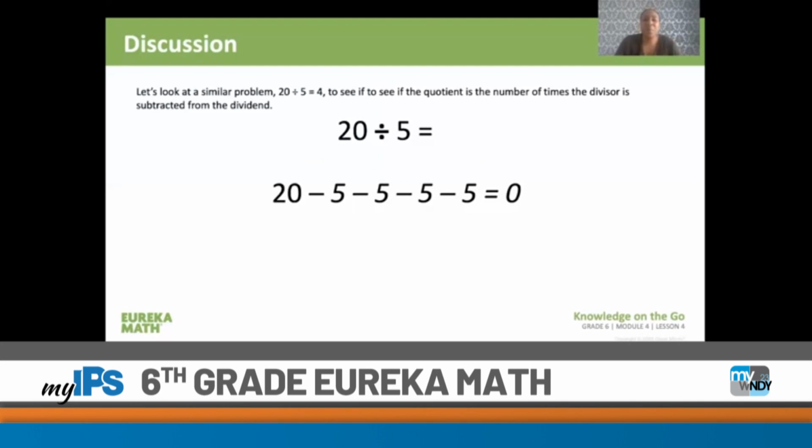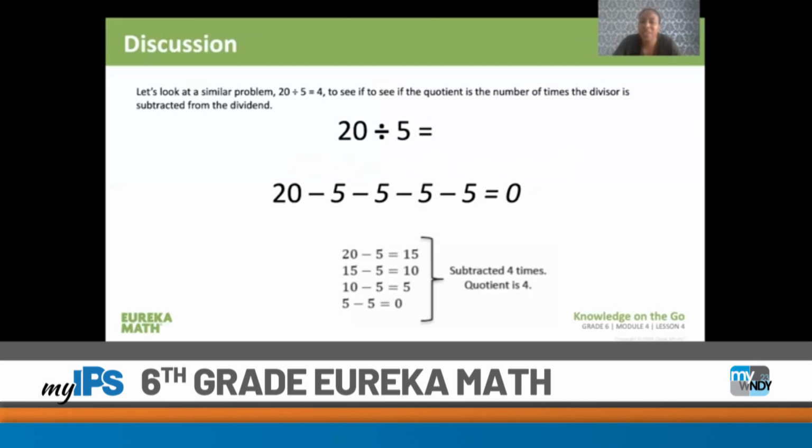Now, let's take a moment to look at the process we used to get to 0. How many times did we subtract 5 to get to 0? 4. Notice that we subtracted 5 4 times. That tells us that the quotient is 4.